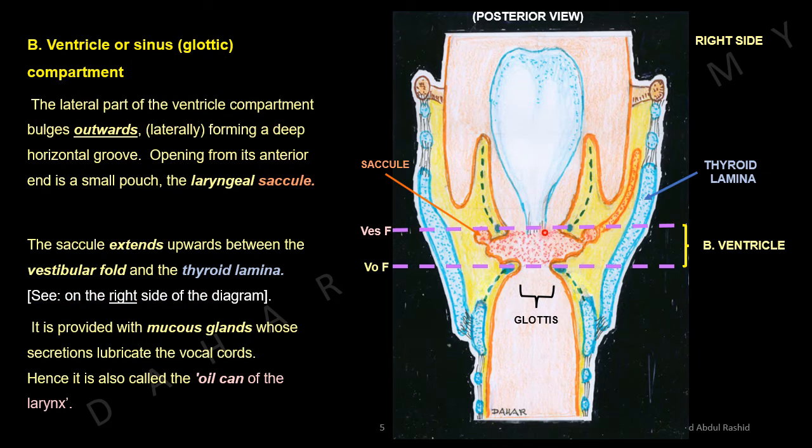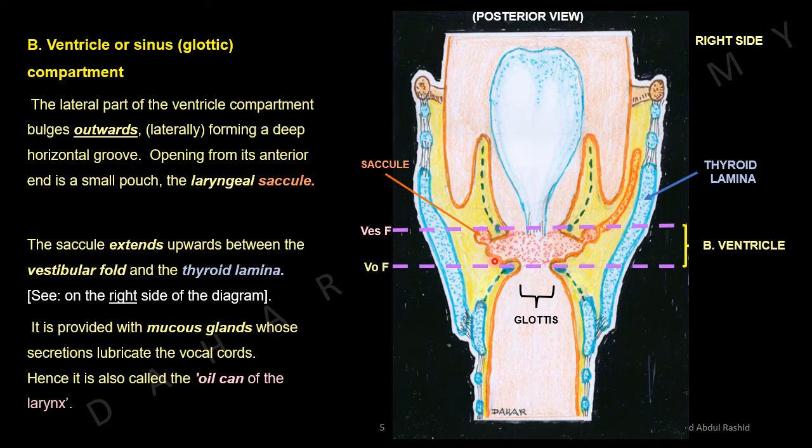We are again talking about the cavity of the larynx. This is the ventricle or sinus or glottic compartment, the middle compartment. If you see above, here is the vestibular fold, here is the vocal fold, this is the thyroid lamina. The lateral part of the ventricle compartment bulges outwards, that is laterally, forming a deep horizontal groove.